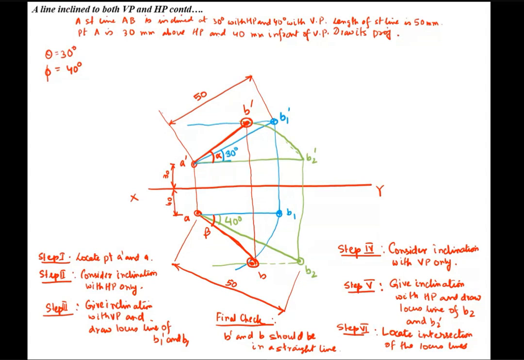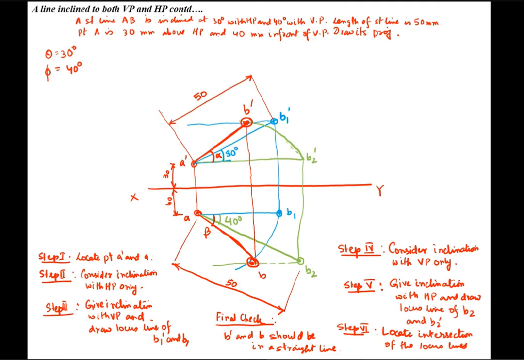Sir, one question. All the green lines and blue lines will be thin continuous, right? Yes, all the green lines and blue lines will be thin continuous. Just the 30 degree and 40 degree that I have marked, make it dark so that you can understand the dimension. This length 50, you can mention either here at A dash B1 dash, or mention A B2 as 50, any one.